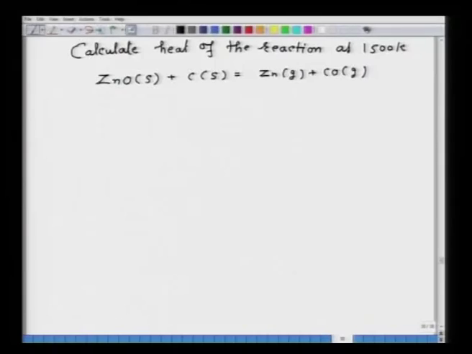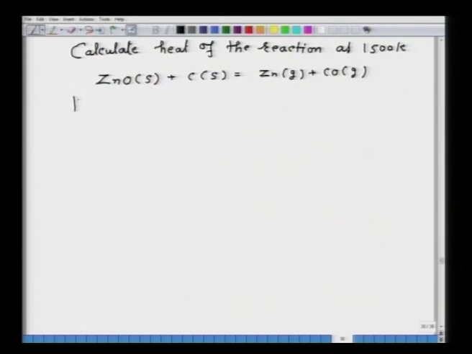So, while calculating the heat of reaction, you have to consider the transformation of solid zinc to gaseous zinc via liquid. So, that thing is important. For that purpose, in thermodynamics it is always advisable to write a chemical reaction by putting the state of substance in the parenthesis. Now, all that we need are the values of heat contents.